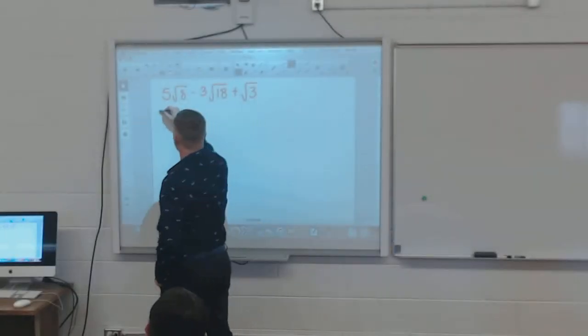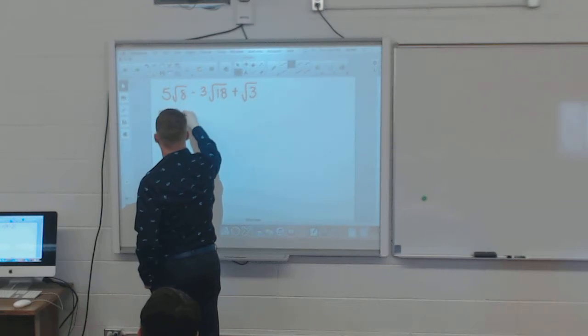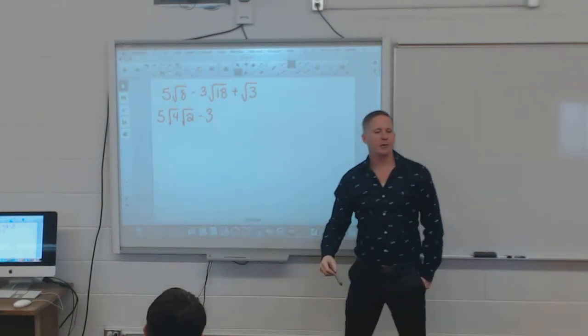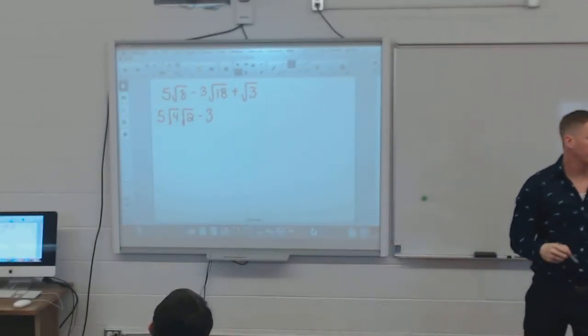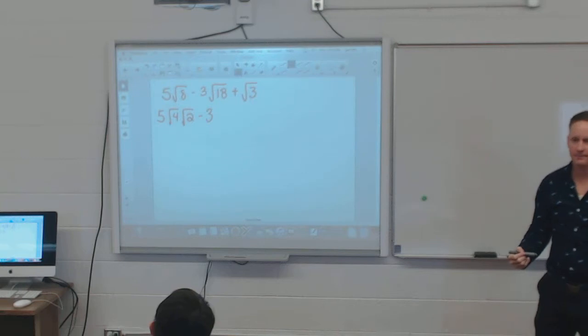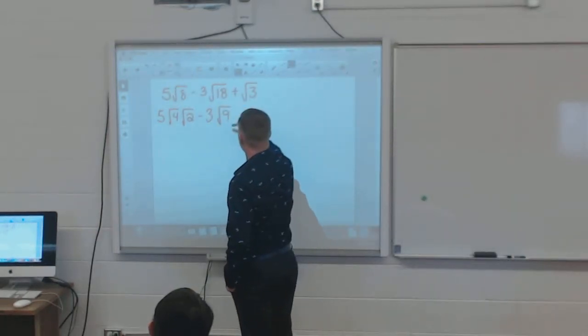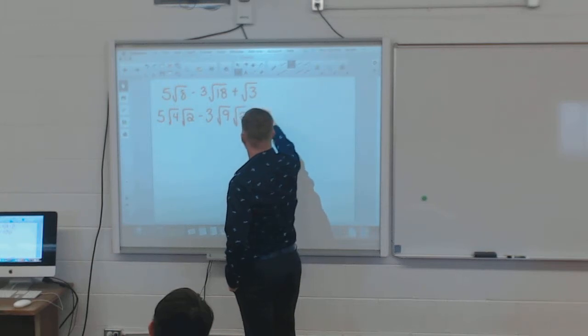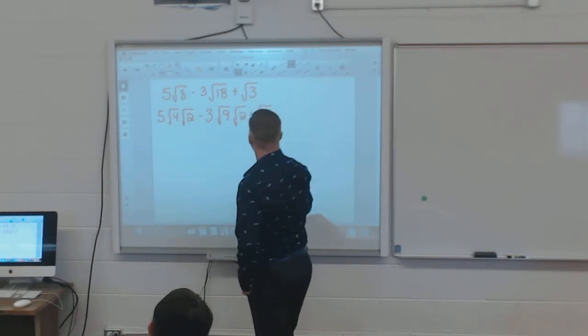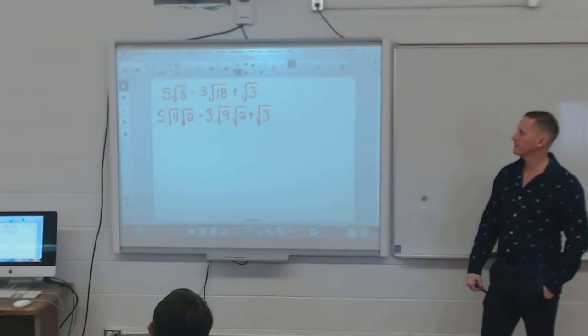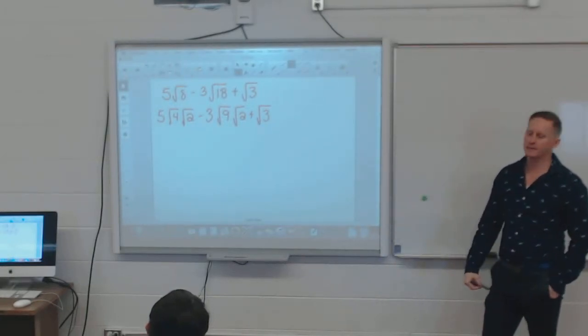And how many times? Is 18 a perfect square? Is there a perfect square that goes into 18? Okay? Root 3 has to stay as is.